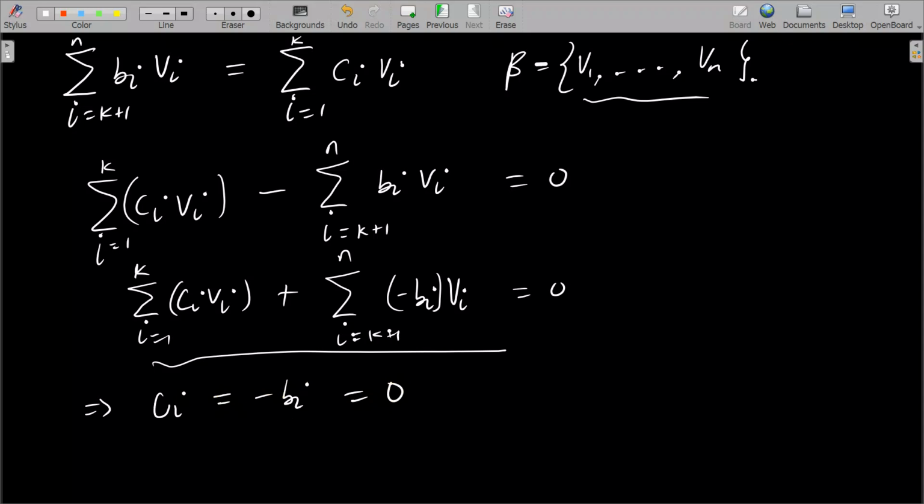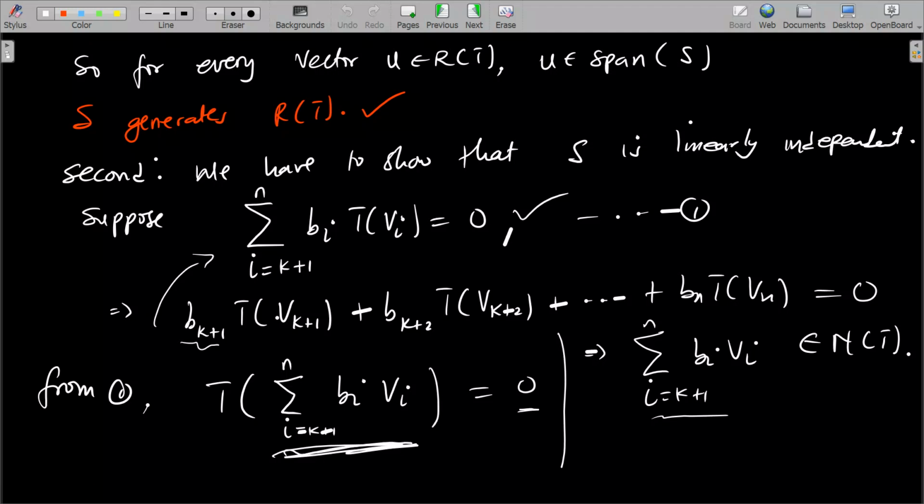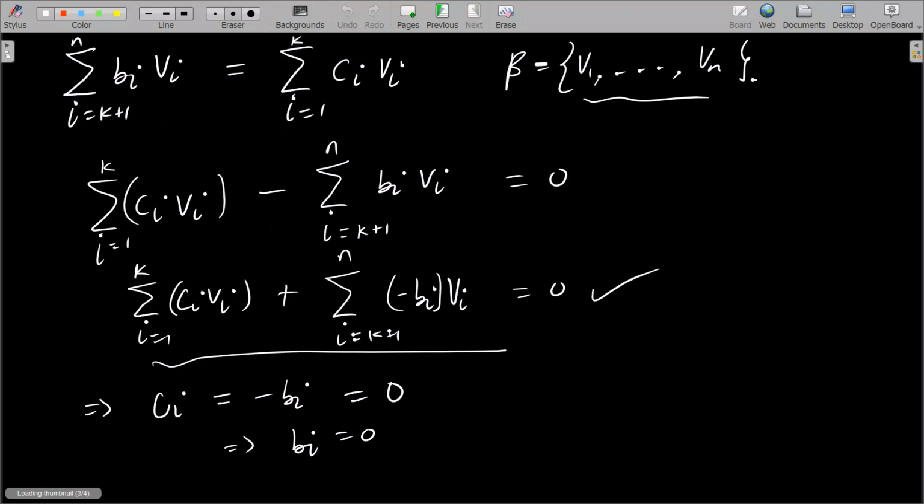And if you have negative b_i equals 0, it means that all the b_i should be equal to 0 in order for this to work, right? But we started from here, and we are saying that all the b_i should be 0, so b sub k+1 is 0, this is 0, that is 0, and we know that T of these guys are not 0 for sure, then what does this tell us?